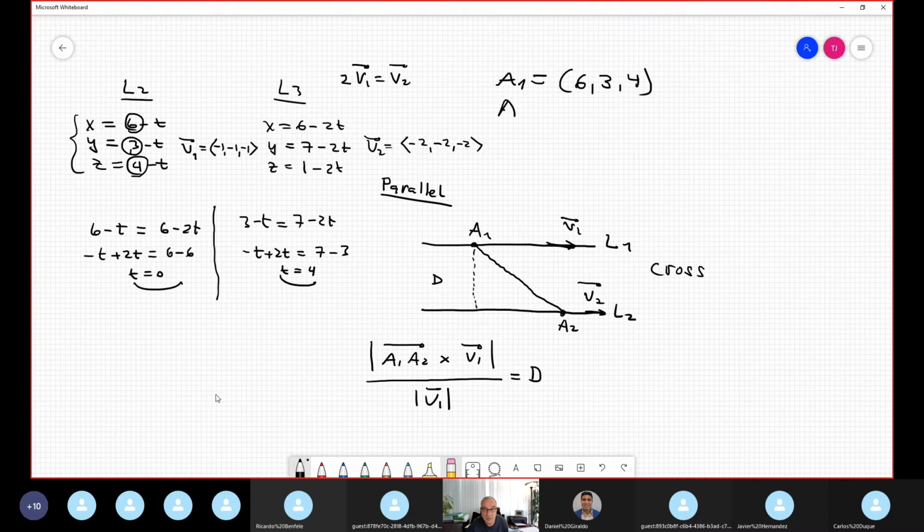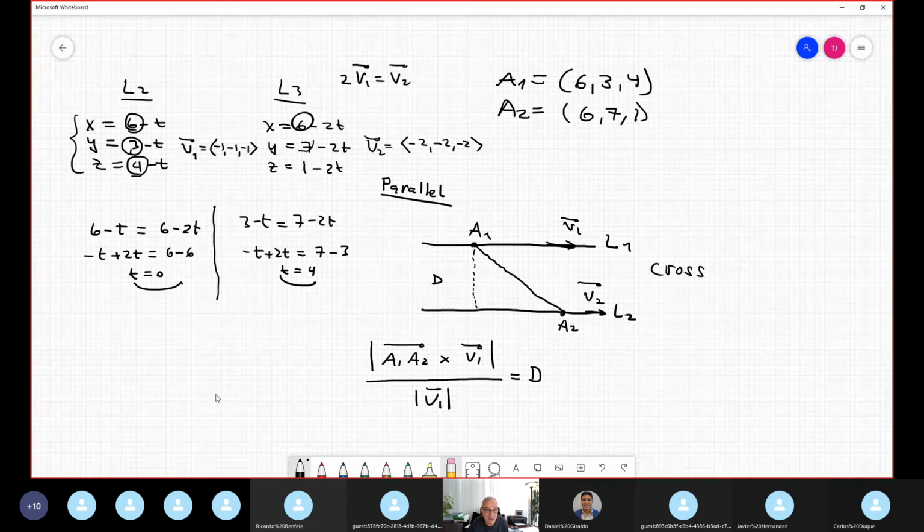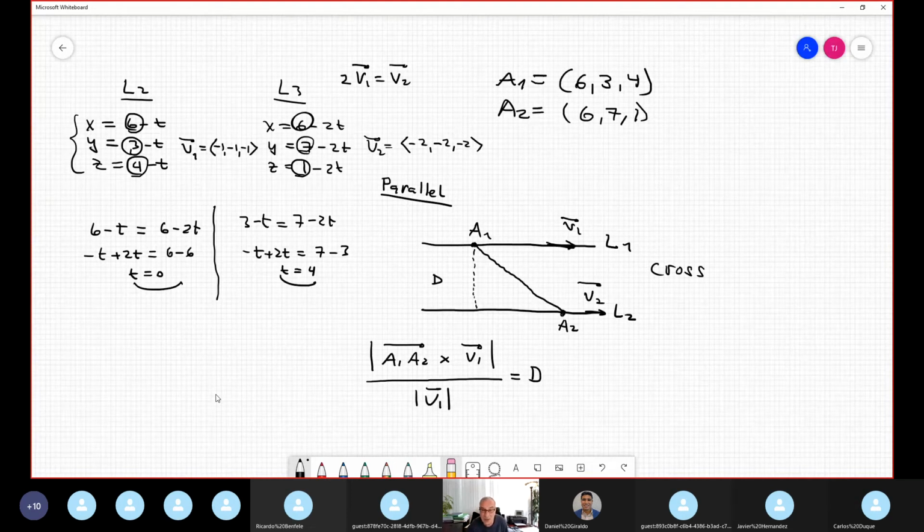A2 is 6, 7, 1. Likewise, assume t equals 0. Doesn't matter, guys. If you suppose t equal 1 or t equal another value, it's the same idea. Okay, so you have in my hand 2 points on the different lines, no? And you find the vector A1, A2, or A2, A1, doesn't matter.